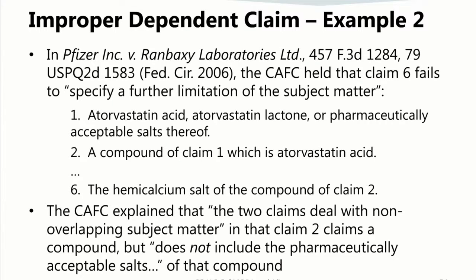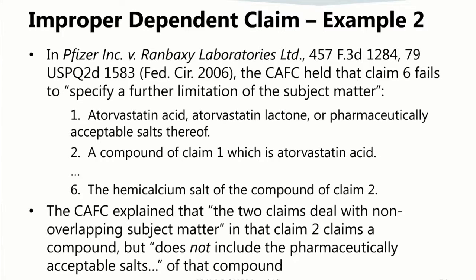The Pfizer court concluded Claim 6 depends from Claim 2 and claims a hemicalcium salt of the compound of Claim 2. That is, it seeks to reintroduce a salt into the scope of the claim. This is an example of a dependent claim, Claim 6, that attempts to broaden and not further limit the claim from which it depends, Claim 2.